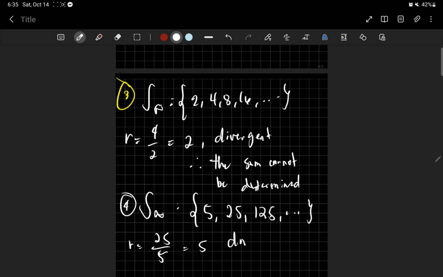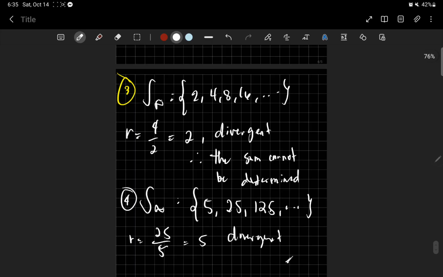Therefore, that is divergent ulit, and the sum cannot be determined. Nakuha? So, wala tayong solving na gagawin dito. Kasi nga, it is impossible to get the sum of this geometric series if this sequence goes on infinitely. Nakuha? Kaya meron tayong divergent and the sum cannot be determined.